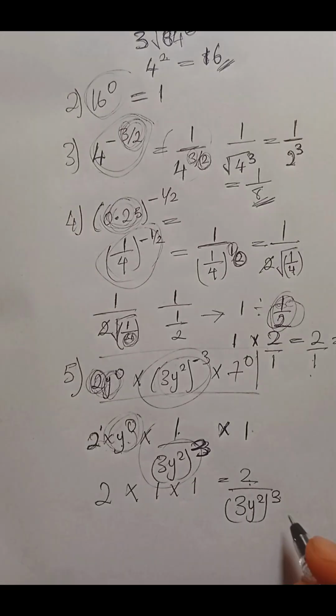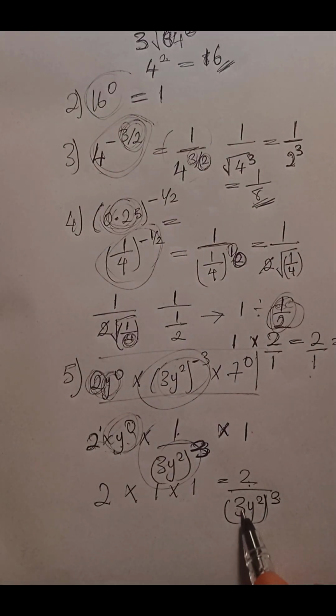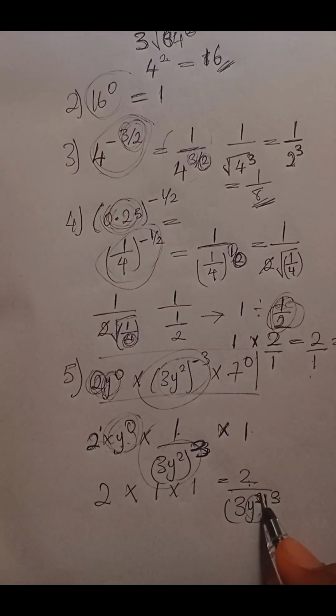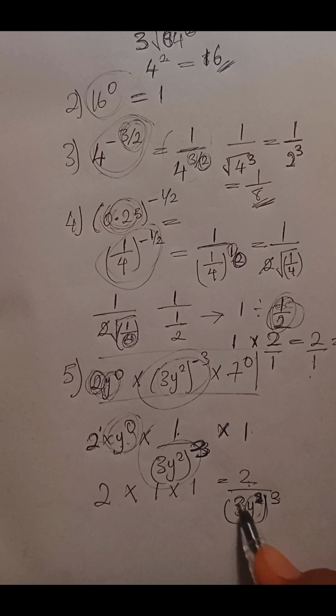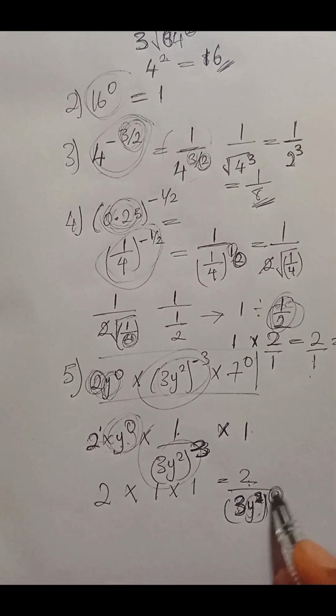And when we apply the power law, when a number is raised to a power and both of them are raised to another power, the powers are multiplied. So 3 here is a value, y is a variable. The both of them are not the same. So 3 is raised to this power of 3, and y squared is raised to this power of 3.